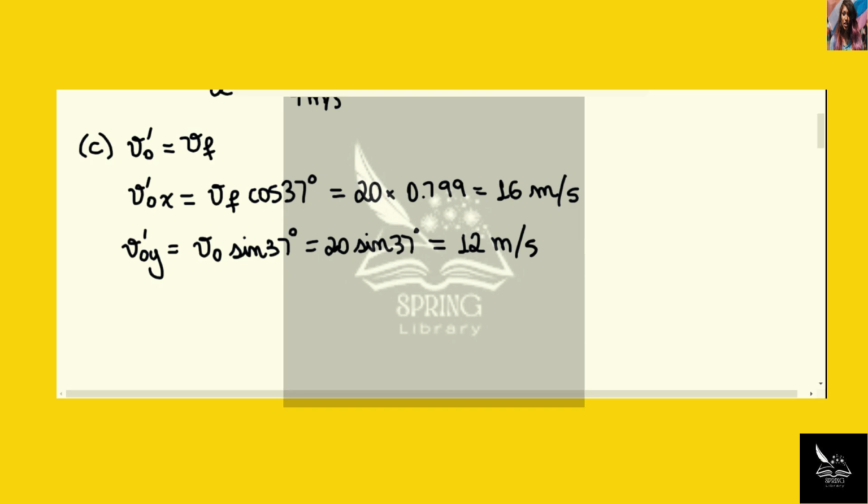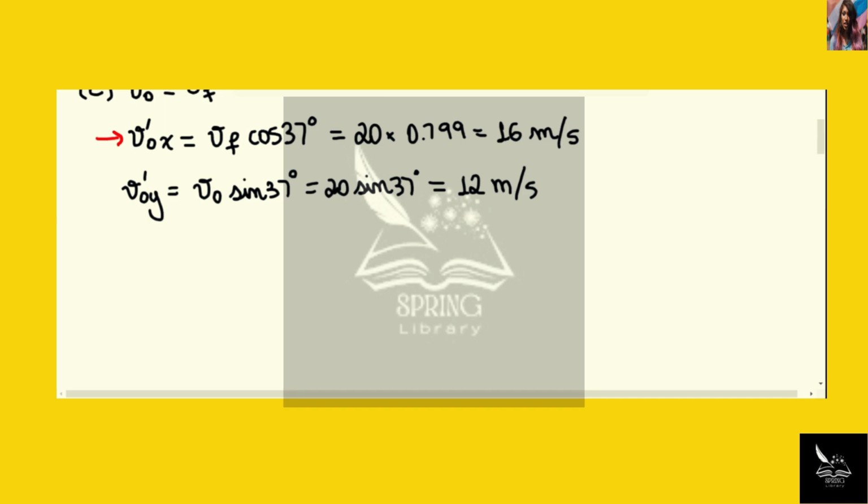Notice that the horizontal velocity is constant throughout the trajectory, so it's always going to be V0x prime, while the vertical velocity changes. So we have Vy prime squared equals V0y prime squared plus 2gy, that's Torricelli's formula.